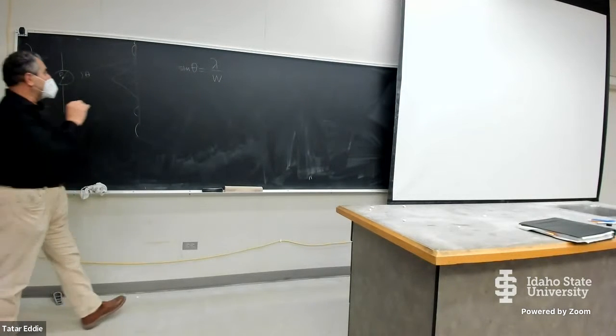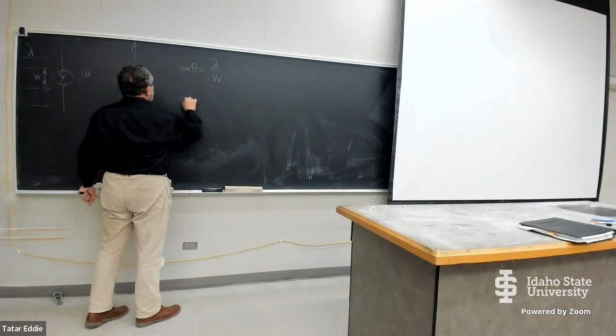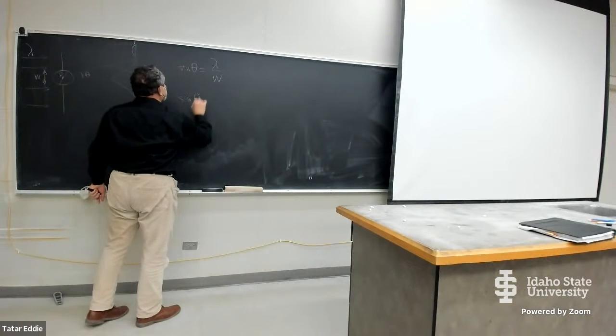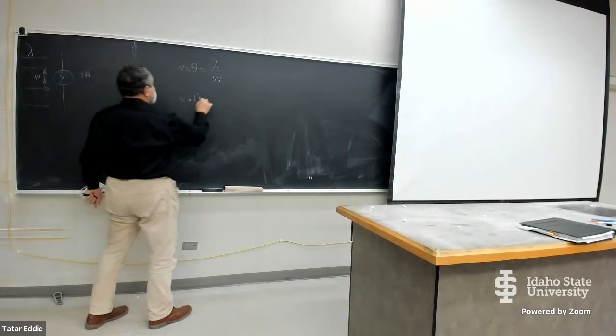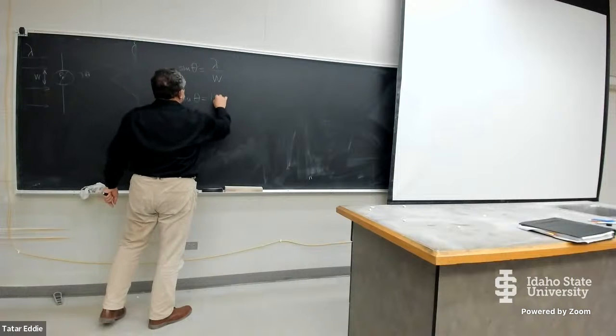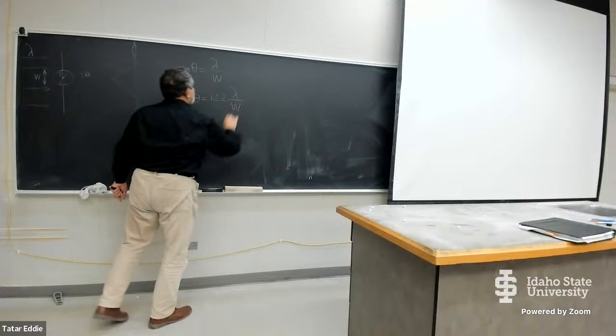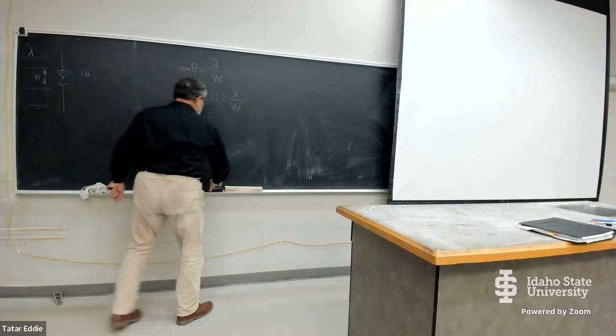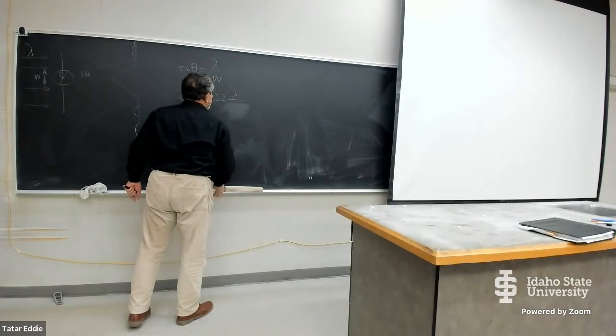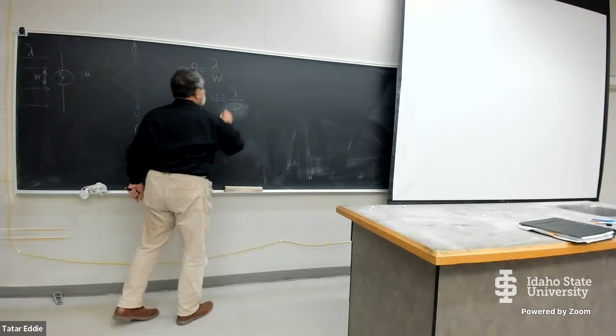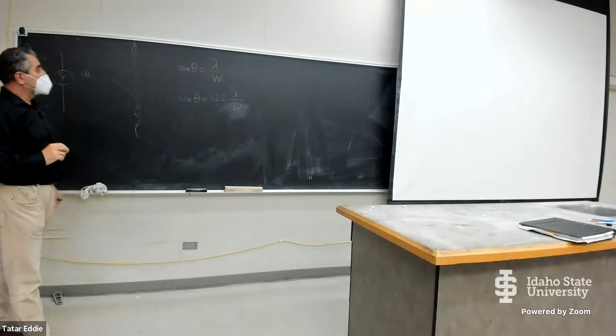The only difference is that the angle at which the first dark spot appears is given by sine theta equal to 1.22 times lambda, and instead of the width of the slit, you have the diameter D of the opening.